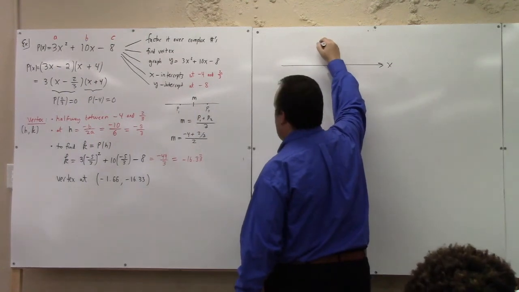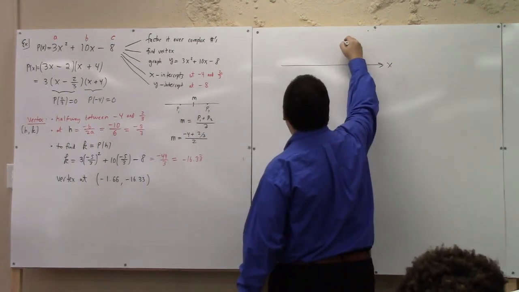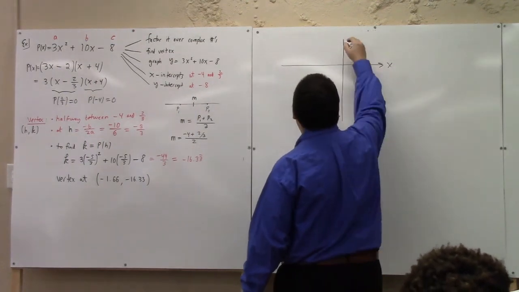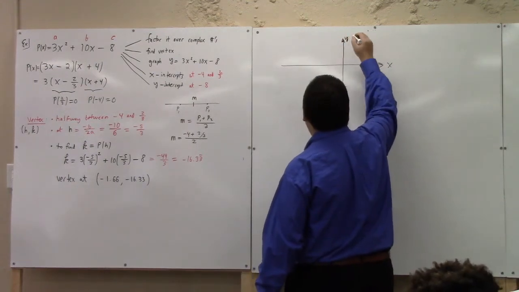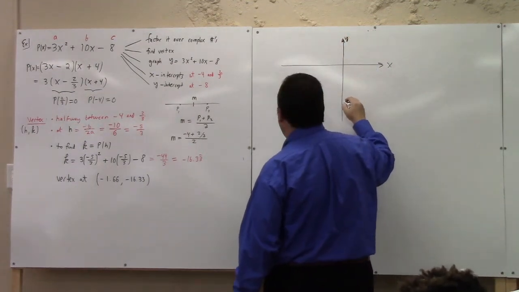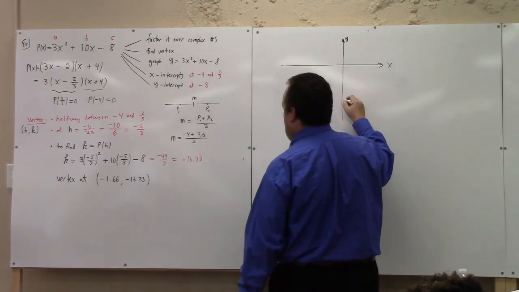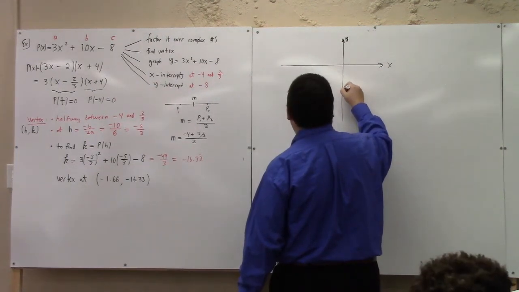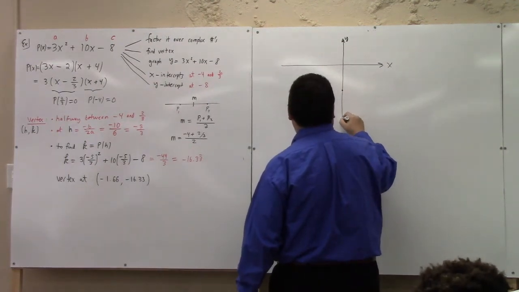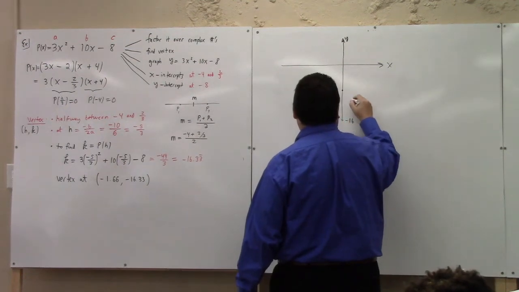So I will hazard a graph something like this. Let's see here. So I'll put 8 here, minus 8 here. Here's minus 16.